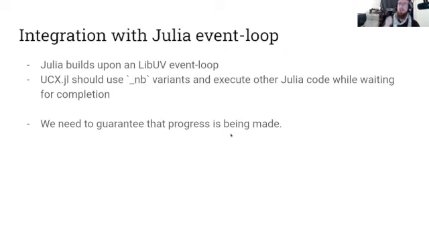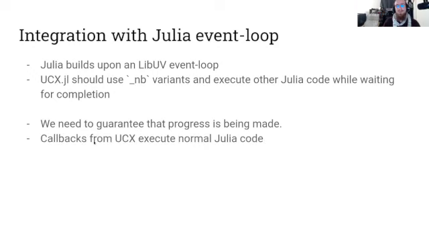If you're calling into the API to do another send, you might also call progress in the process of doing so, pun intended. But generally speaking, we need to guarantee that progress is being made. Another wrinkle is that callbacks from UCX will execute normal Julia code with all of the things Julia code can normally do.